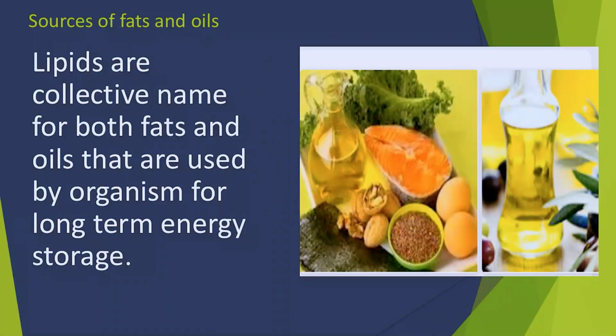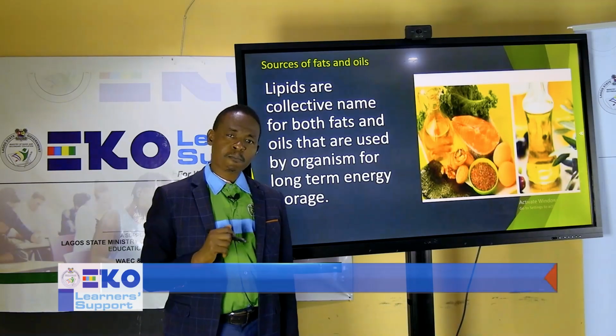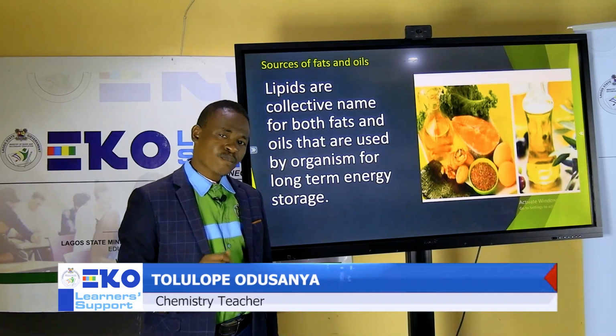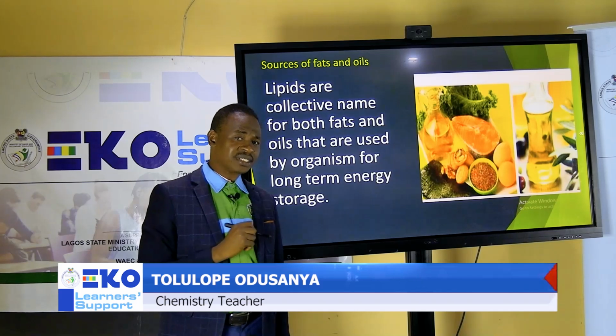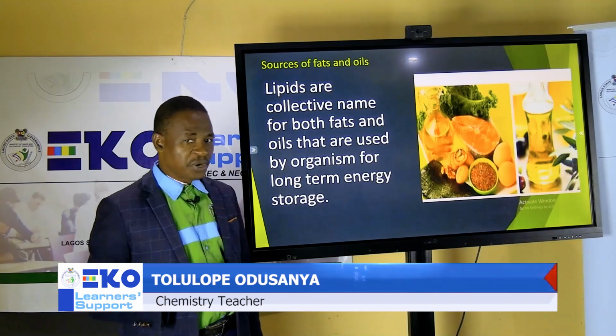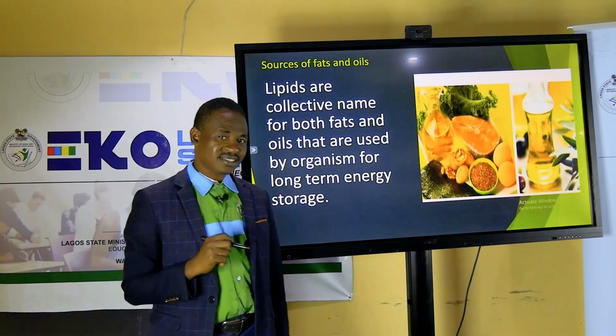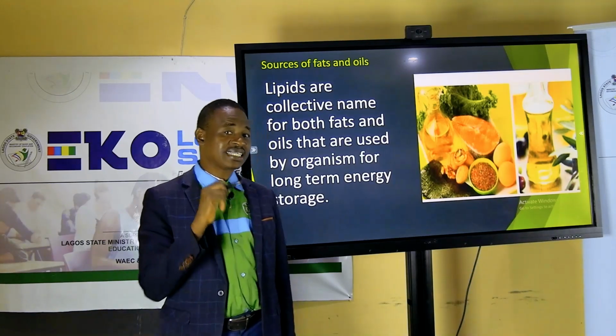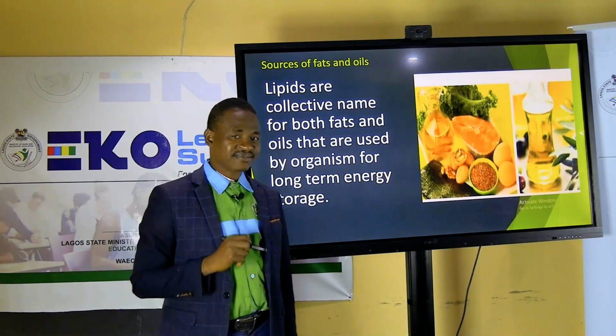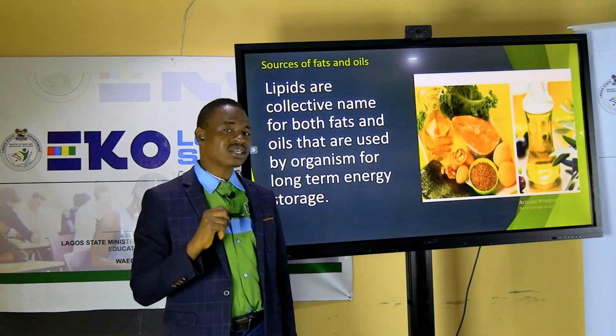And they are used by what? Organisms for long-term energy storage. Some said, if you need more energy, you take carbohydrates. Some said, no, if you need more energy, you rather take butter or some oily thing that can give you long-term energy.